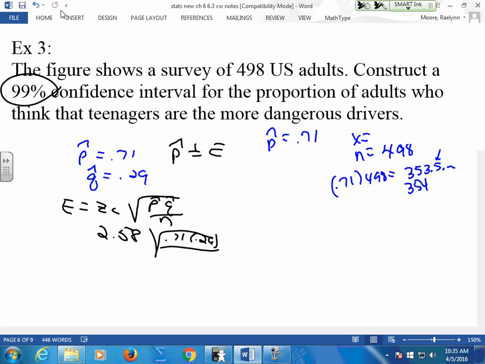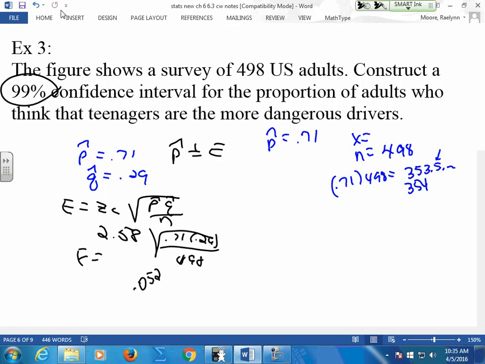N, we know the N. They got to tell us N. Sometimes they don't tell you in the problem, but they tell you in the diagram. So you have to look for those sometimes. So what does my margin of error become? 0.052. Thank you.